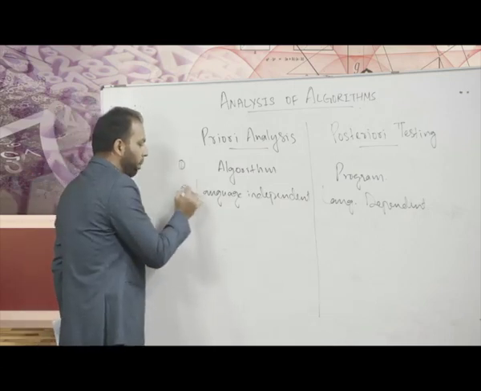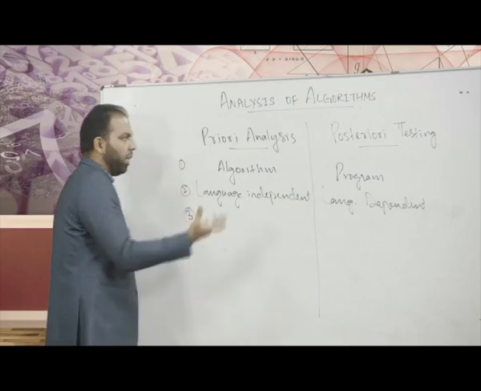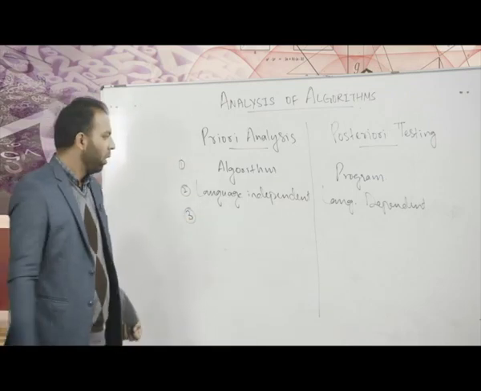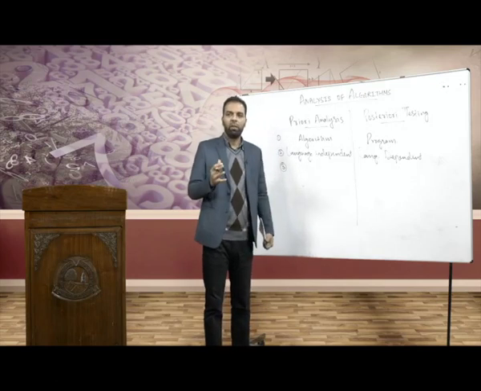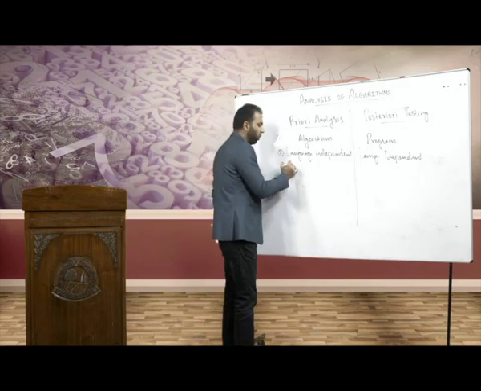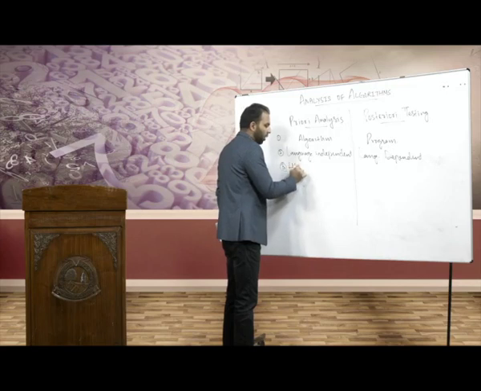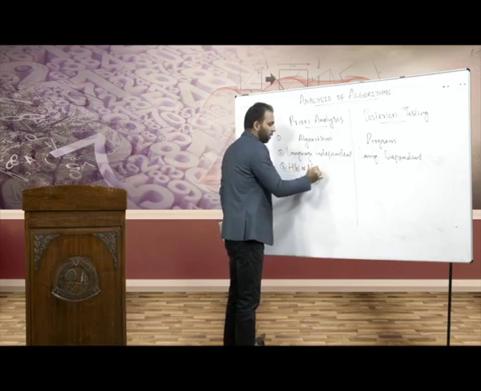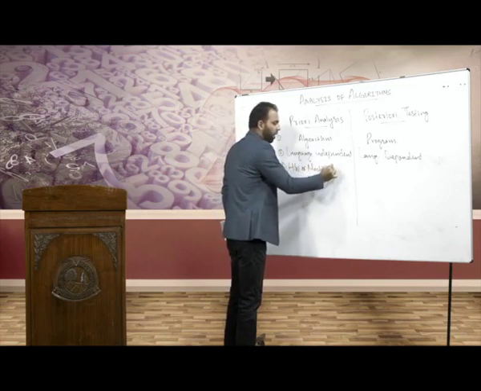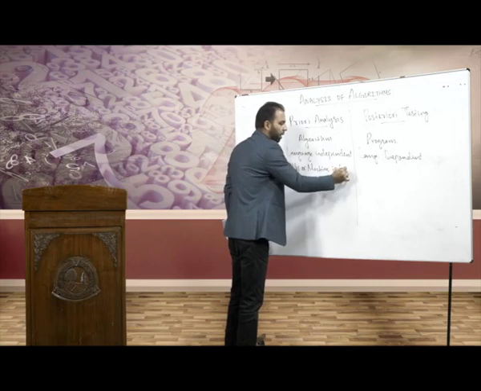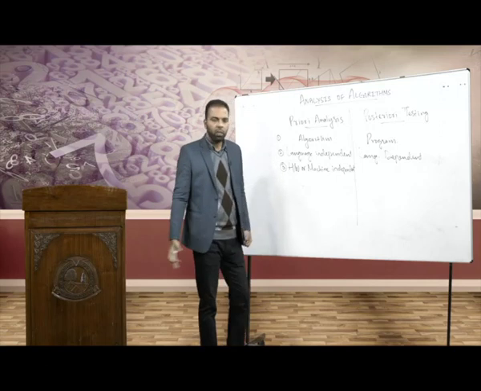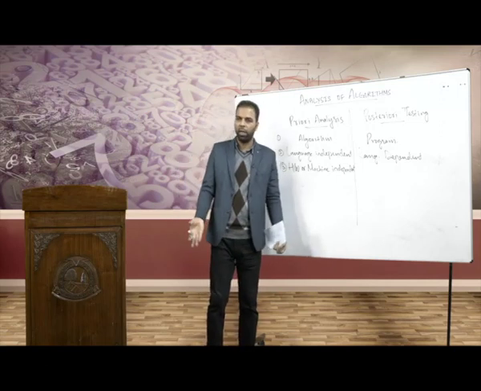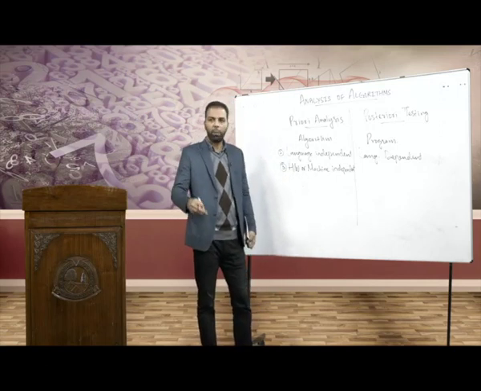The third difference between these two is that because you are not actually implementing your algorithm, you are just assuming a conventional machine. So this is hardware or machine independent. Why? Because we are not actually executing it on a particular machine.